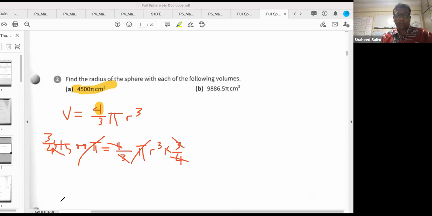Okay, so you get 3375. Now you got to cube root this. 3375. And the answer is, ya Allah, how come I cannot get it? Hold on. 15. Okay, Inshira's answer is correct.